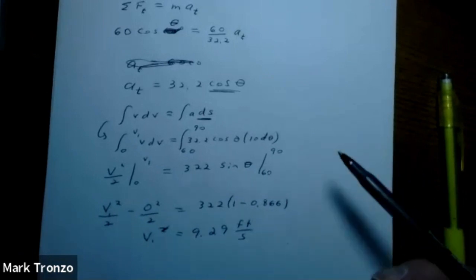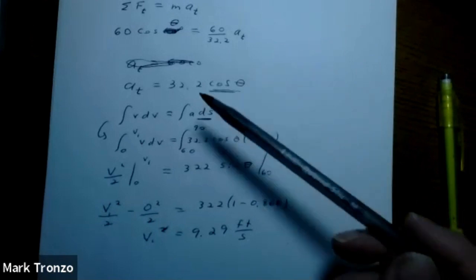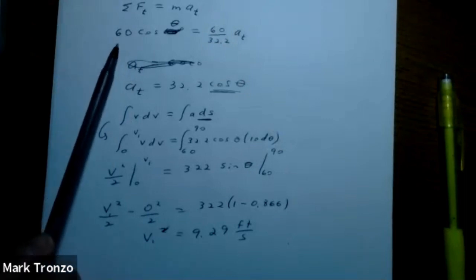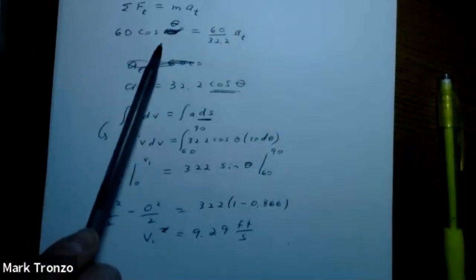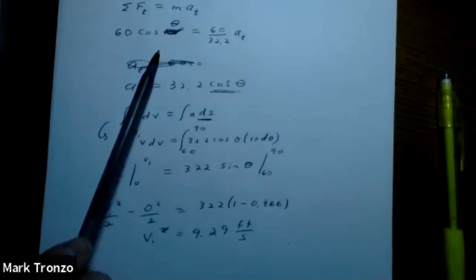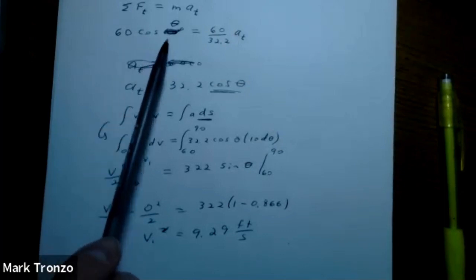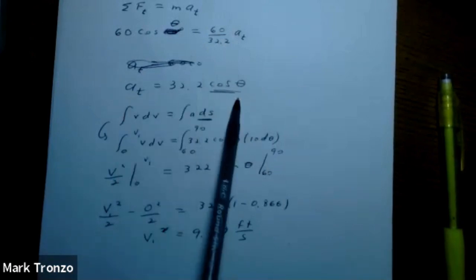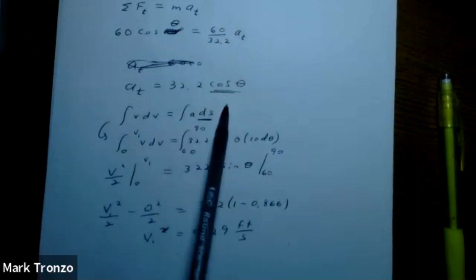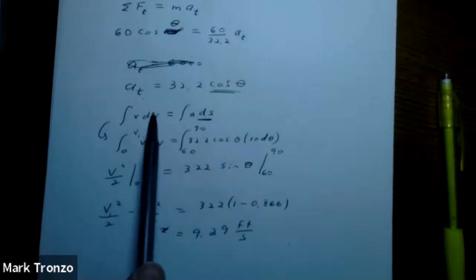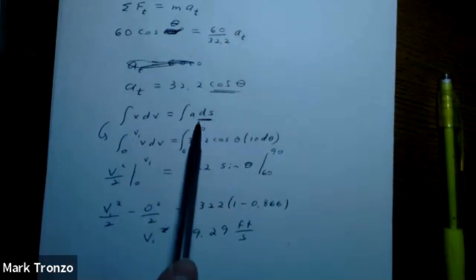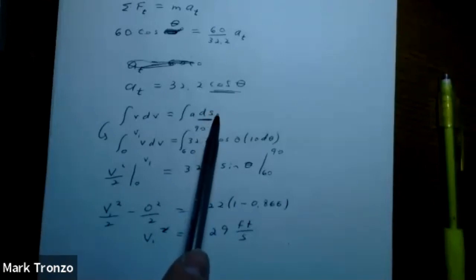Once again, this is a little bit hard as well, because we have this tangential force to be 60 times cosine of theta. We had to keep the theta in because they're asking going from 60 degrees to 90 degrees, so we just kept it as theta. We found A of t in terms of theta. So if we want to find the velocity, remember the one equation we have that relates velocity to position, this one right here, but we don't even have the position in terms of s.